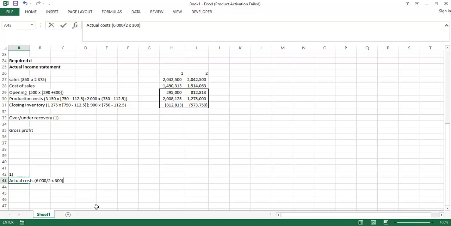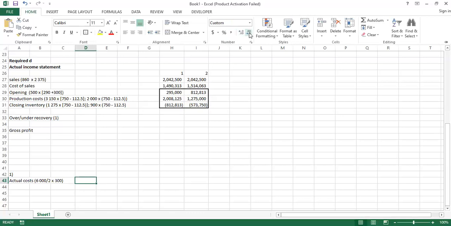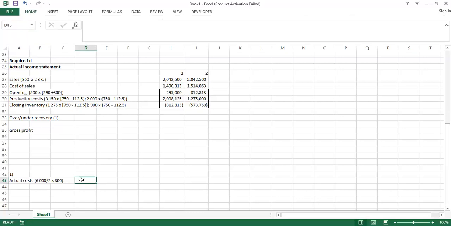So that's what we wanna do there. Right. Okay, let's do the calculation. So this is gonna be 6,000 divided by 2. Then we are multiplying by 300. So this is what we are getting there, 900,000.